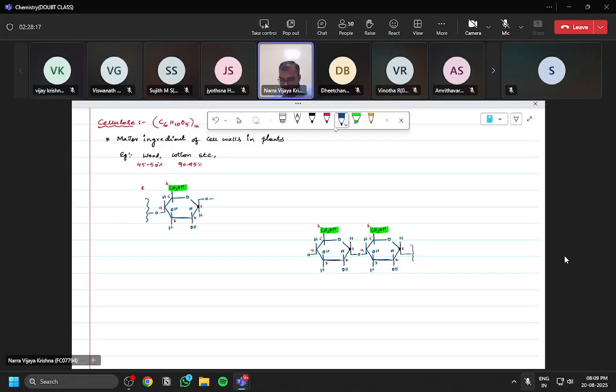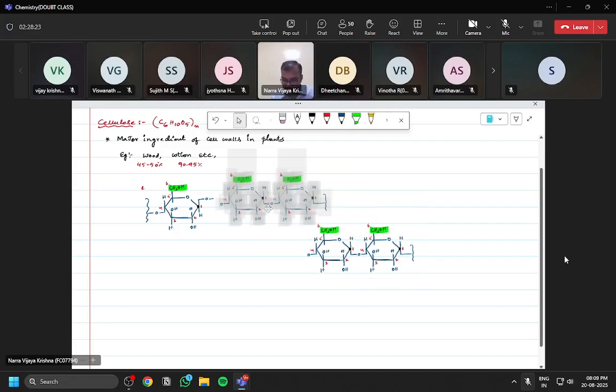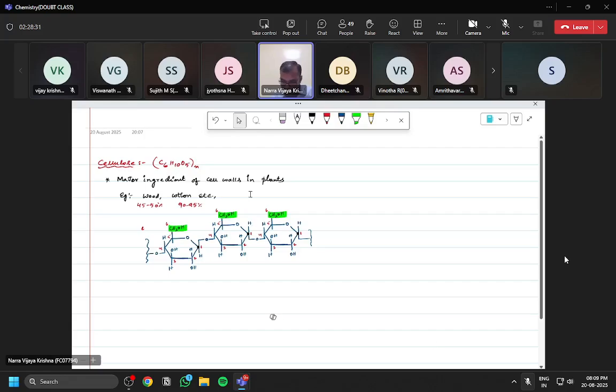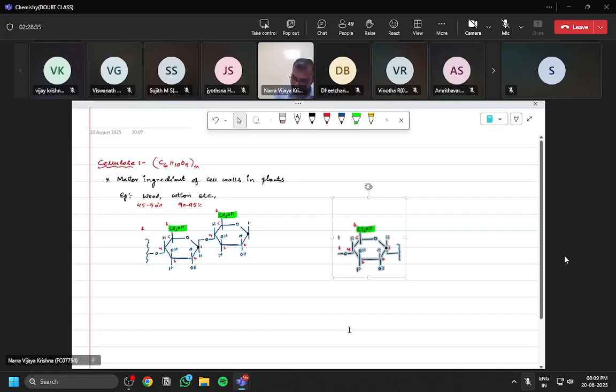Now I am connecting this to this. So it is a beta glycosidic linkage. Same way here also, I am writing H here, OH here.